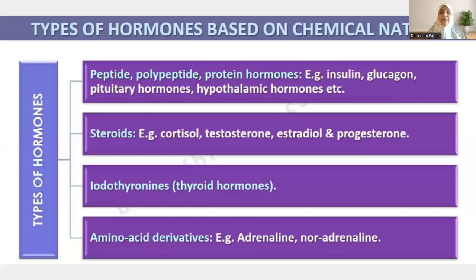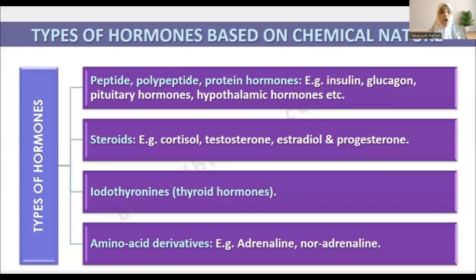Okay, so hormones can be of different nature. Different nature means their chemical composition can be different. Like you see over here, they can be either proteinic in nature, in the form of peptide, polypeptide or protein hormones, or they can be in the form of steroids. In 11th standard, we discussed different categories of biomolecules, and under the fat category, we discussed what are steroids.